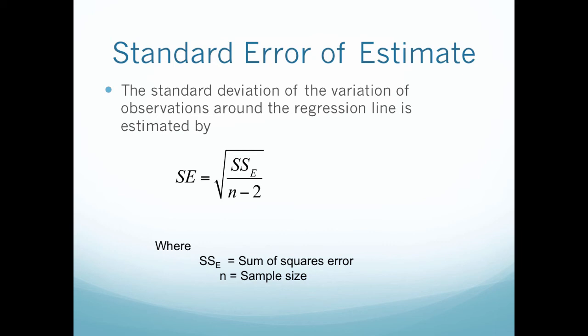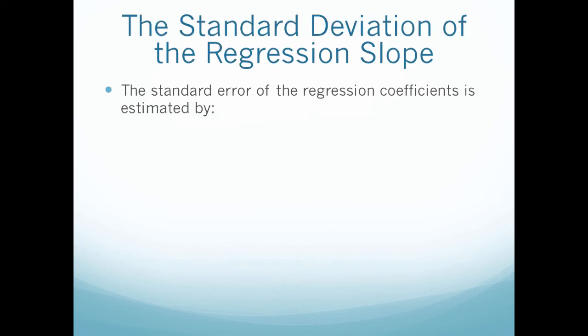So here the standard deviation of the variation of observations around the regression line is estimated by this, where I have a standard error equal to my sum of squares error over n, which is my sample size, minus 2. So we have to calculate our sum of squares error first, and that would then just be divided by n minus 2. We can then move on to find the standard error of the regression coefficients one at a time.